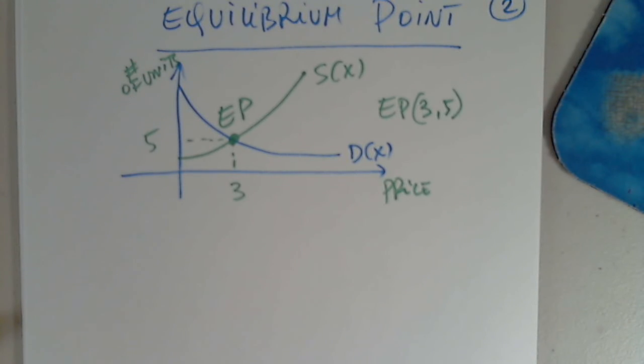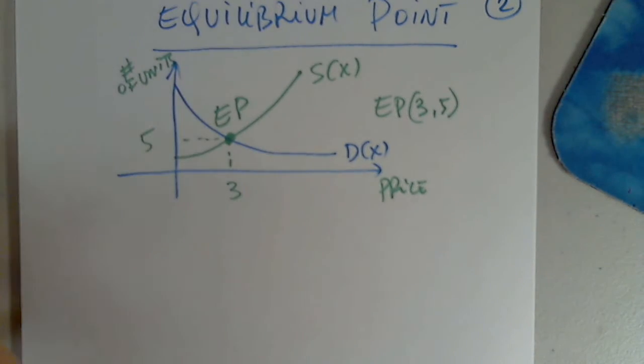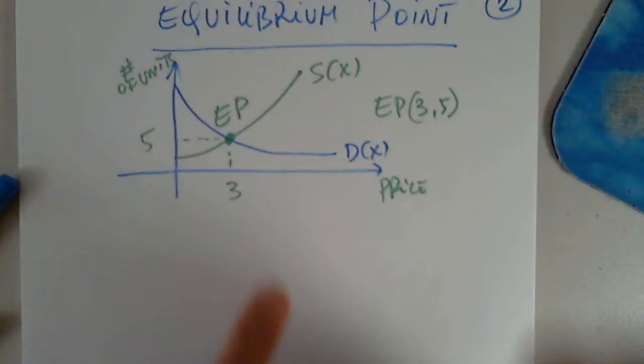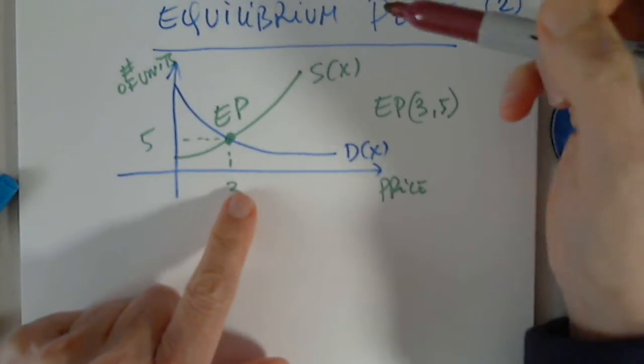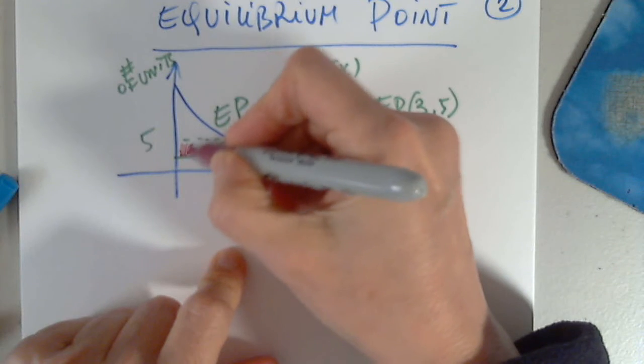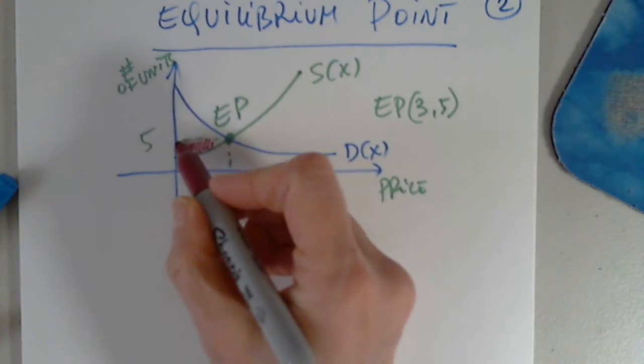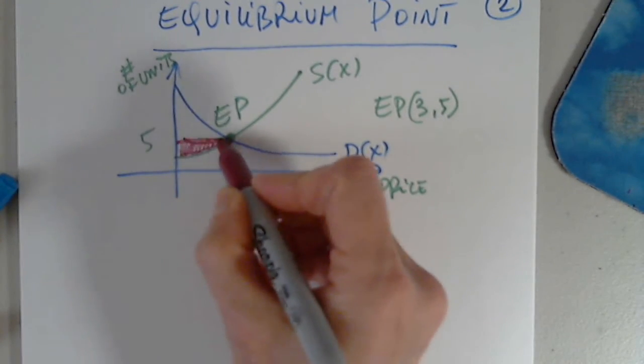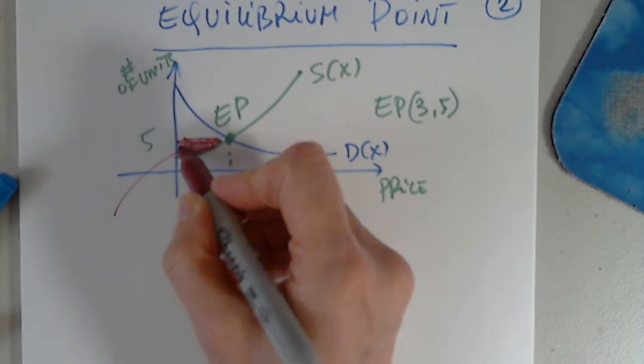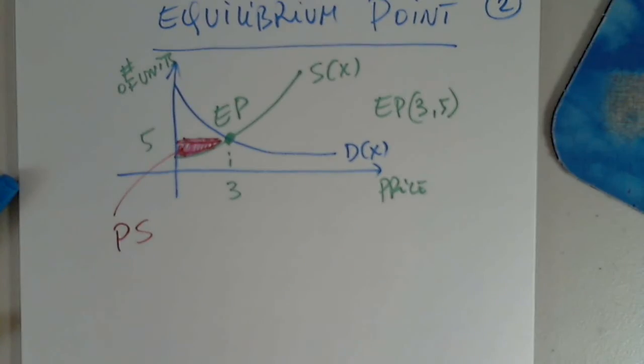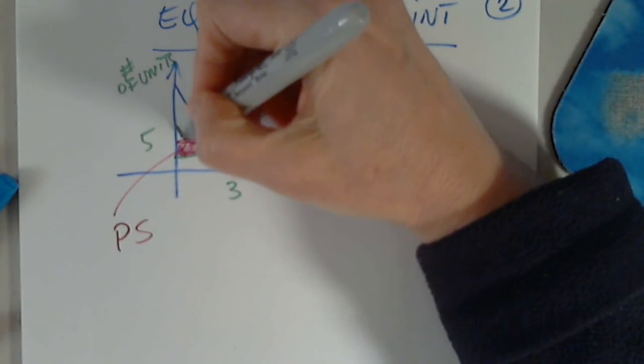Okay. Now, for the equilibrium point, we will be asked to determine the producer surplus. No problem. This is the area. Producer surplus. And we will also be asked to determine the consumer surplus, which is this area.